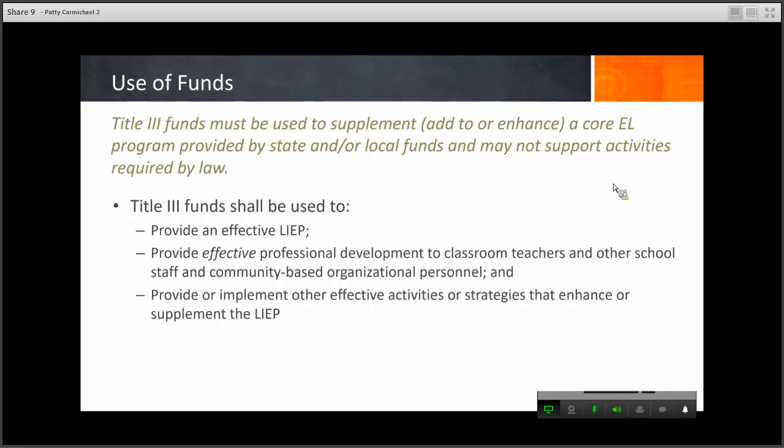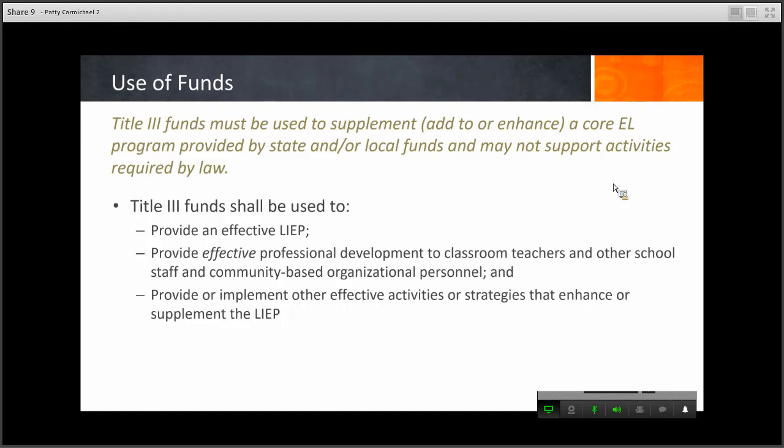Now think about this. Many districts will provide EL-related professional development for their EL teachers, but not other professionals in the school or community professionals or personnel.